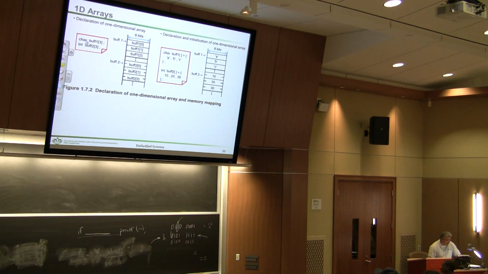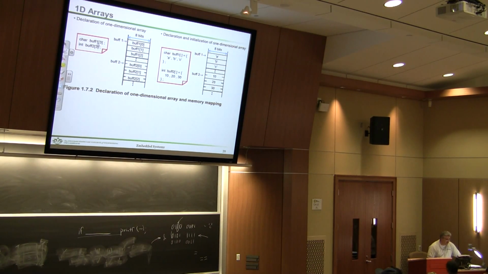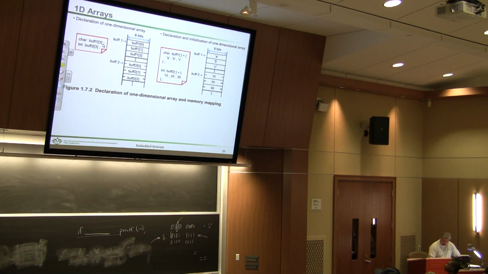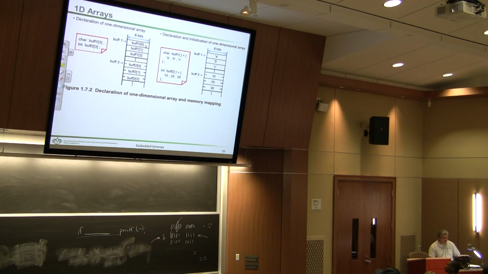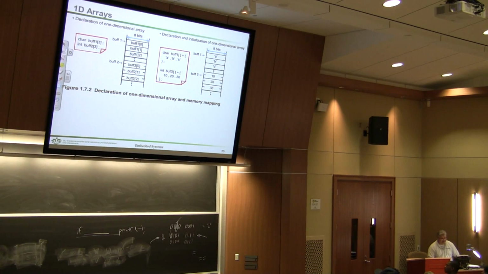So if we have the identification of a character array called buff1, which has 3 array elements, what this will do is it will identify, remember a character is 8 bits.